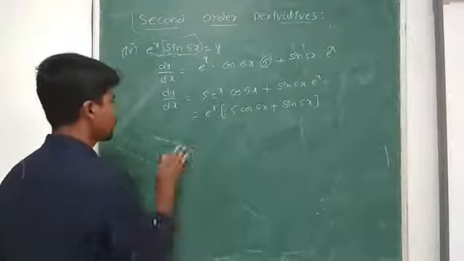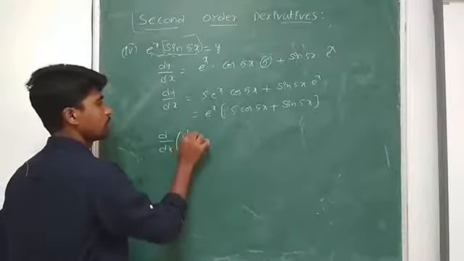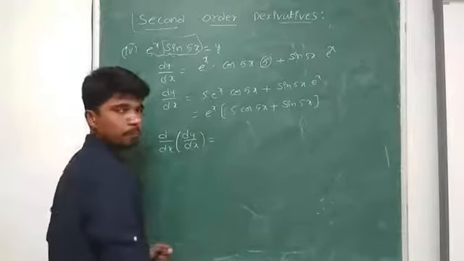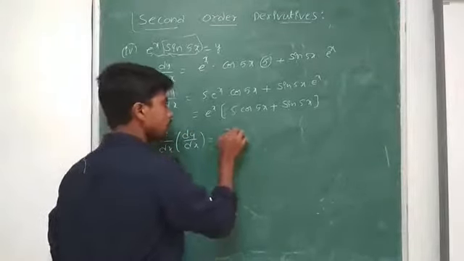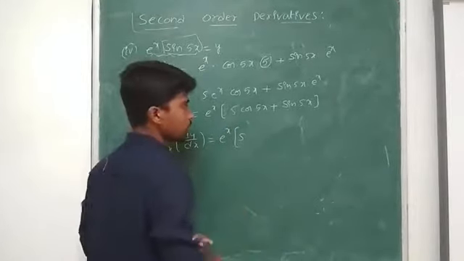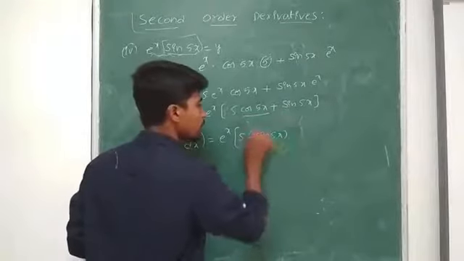Now find its double derivative. d by dx of dy by dx, which is equal to e power x into u into v dash, 5 constant, cos x derivative minus sin x, but it is not x, it is 5x.